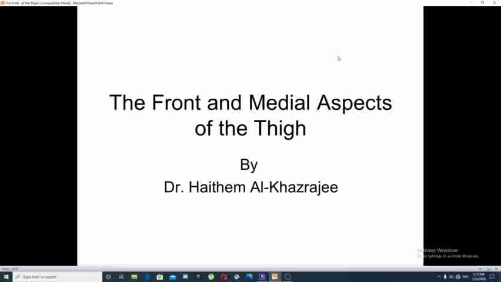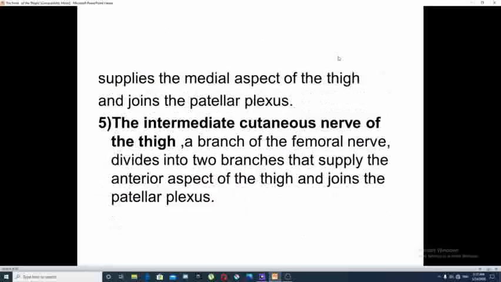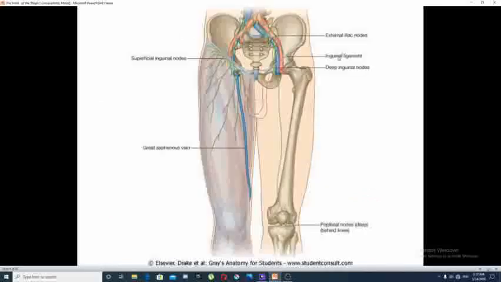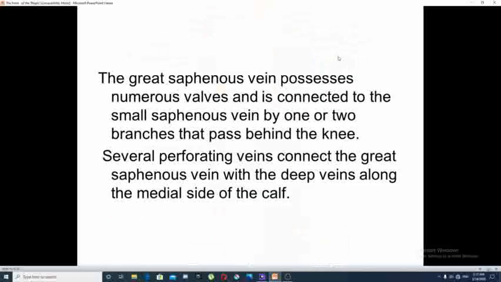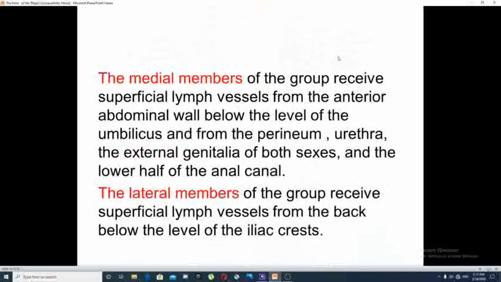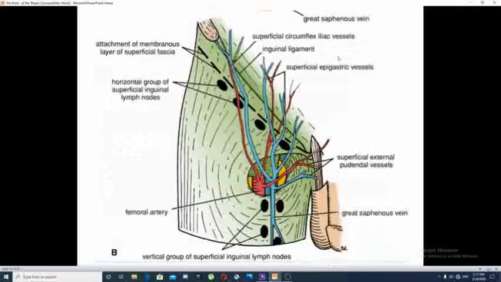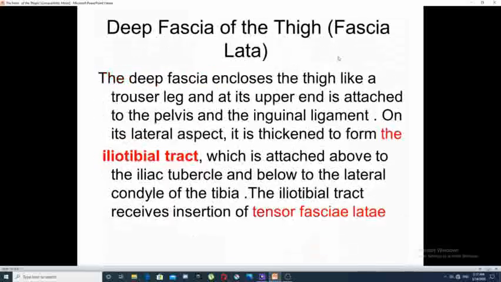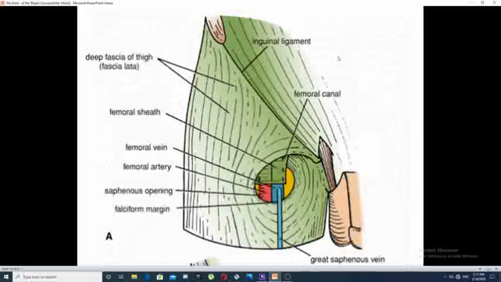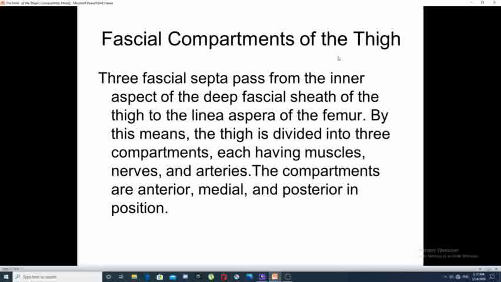Last topic was about the cutaneous nerve supply and superficial venous system of the lower limb, the fascia of the thigh, and the lymphatic drainage of the thigh. And today we will continue our discussion about the fascial compartment of the thigh.